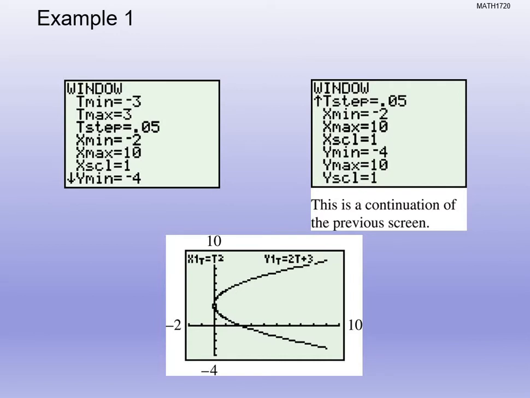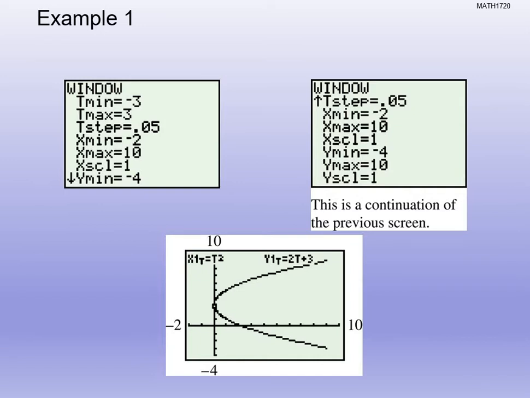Keep going down the screen, the other stuff's on the top right hand of the screen. Your y min is -4, your y max is 10.